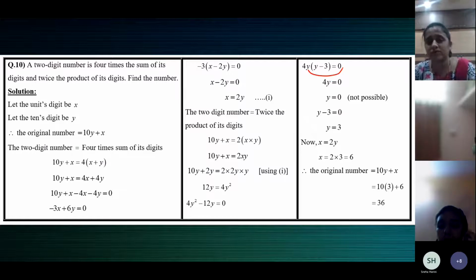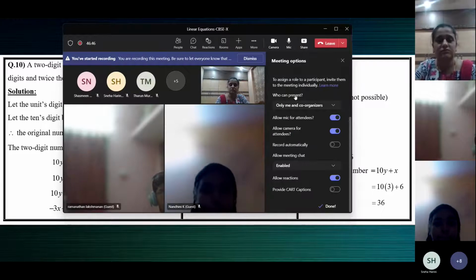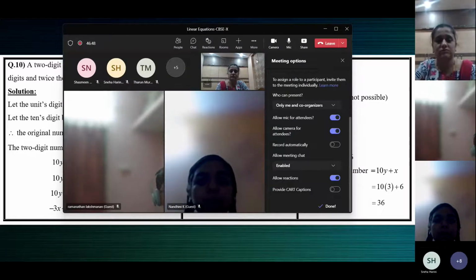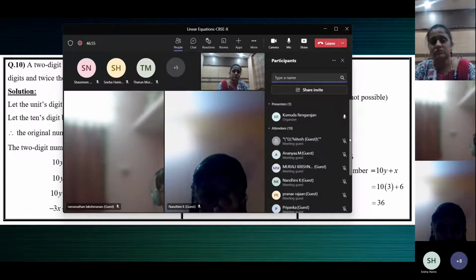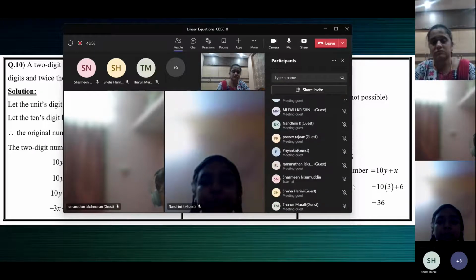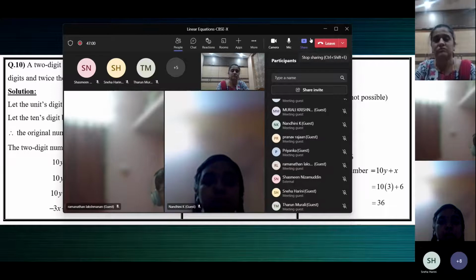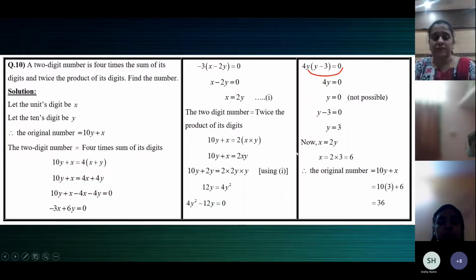So that means 4y is equal to 0, y is equal to 0 by 4, which is 0. So y is equal to 0.